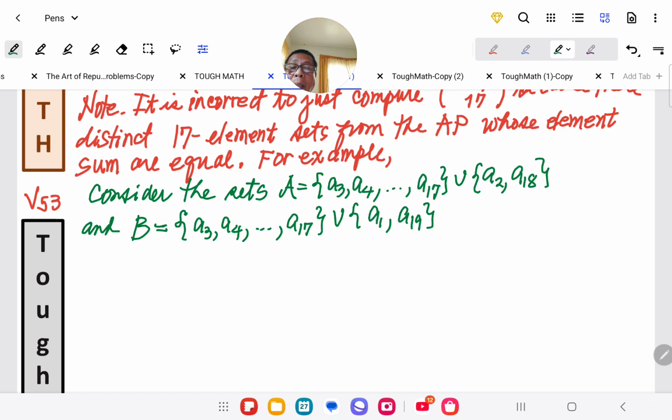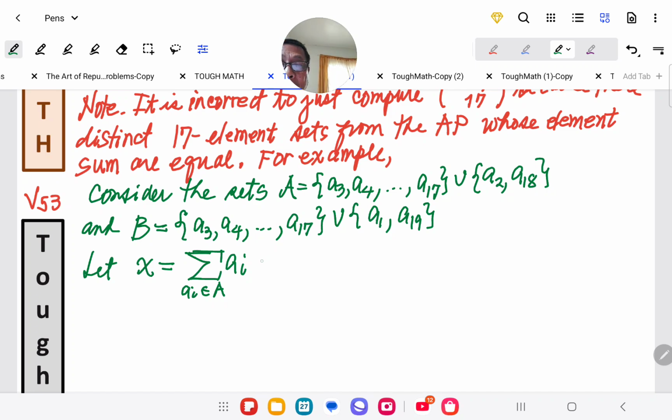Okay, now let X be the sum of the elements A_i coming from A. That's how we write it.